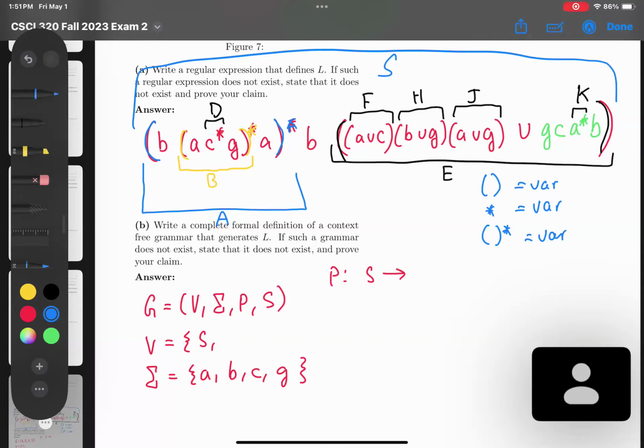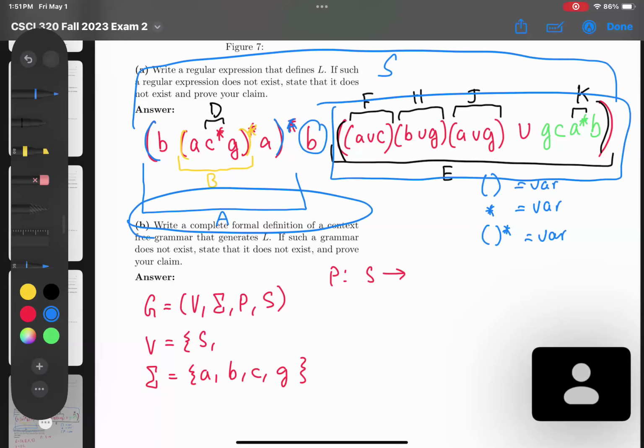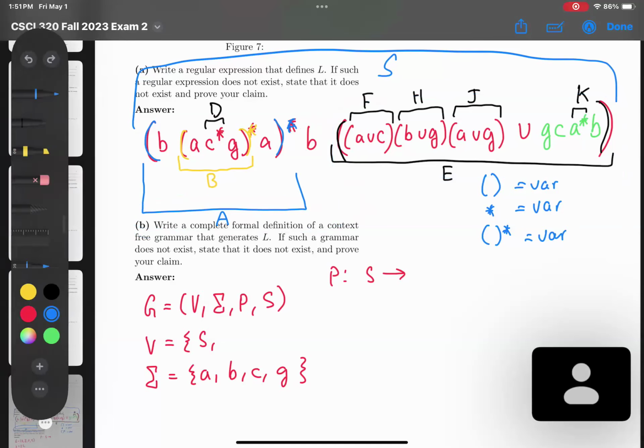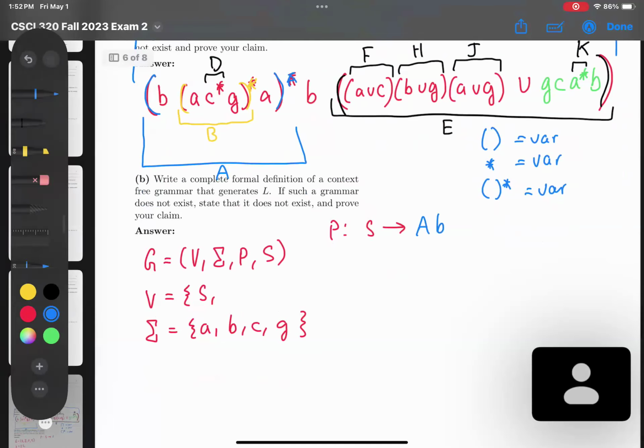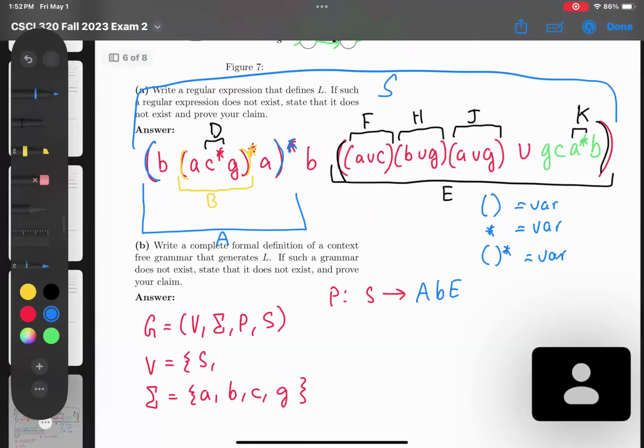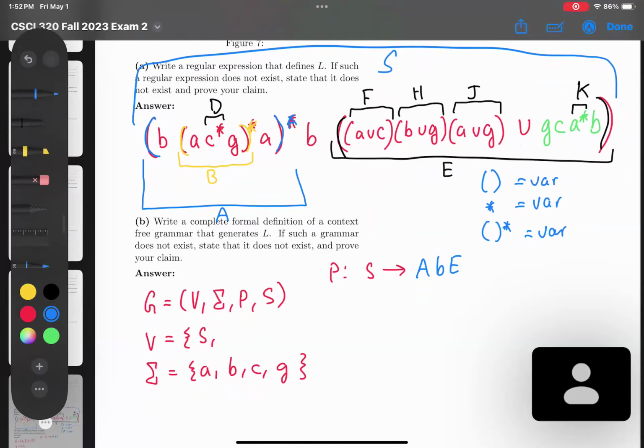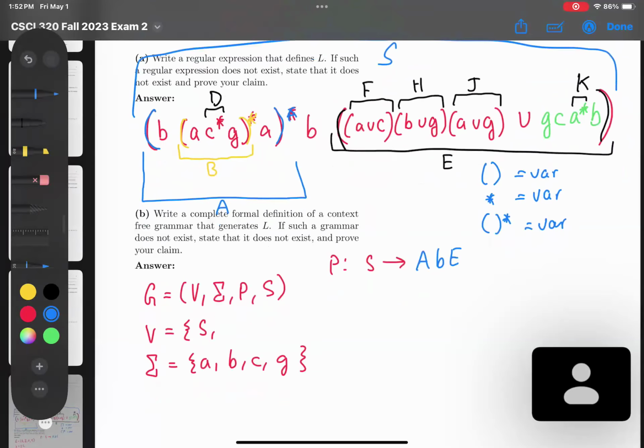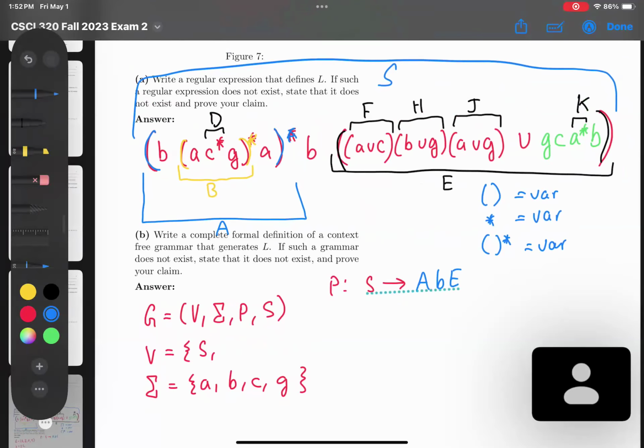Here we're concatenating A followed by this B followed by this portion, which we labeled E. So A, B, and E, like this. Does that make sense? Hopefully it does. It's just a concatenation. And then we have to start defining everything. So all the variables, what are they?